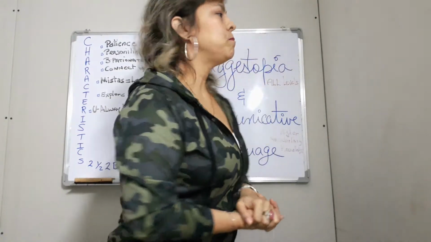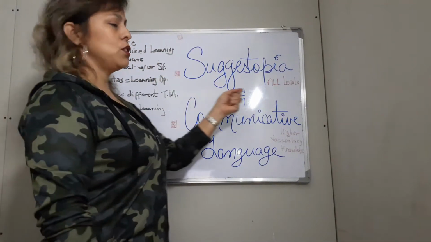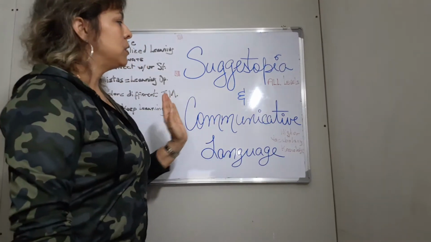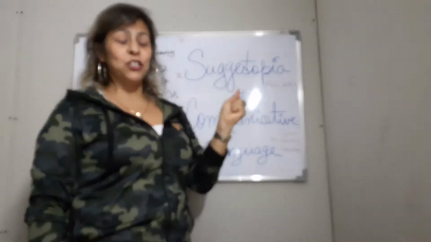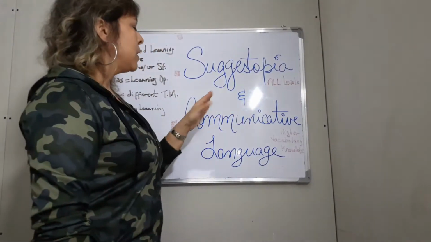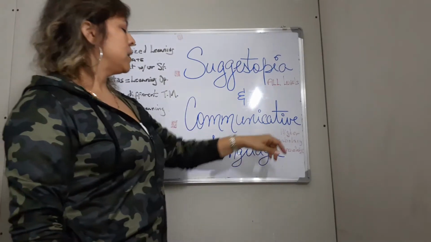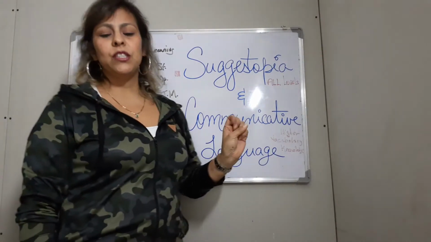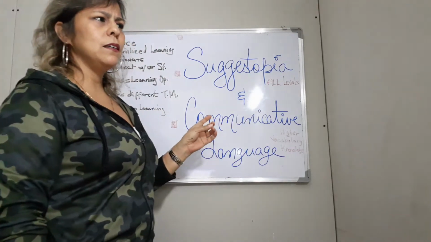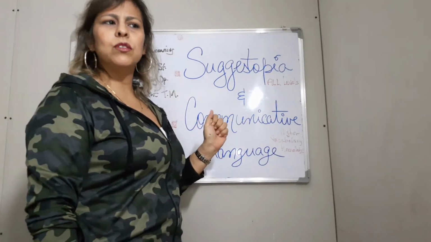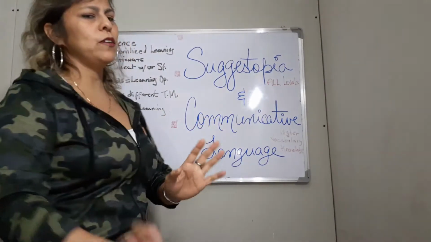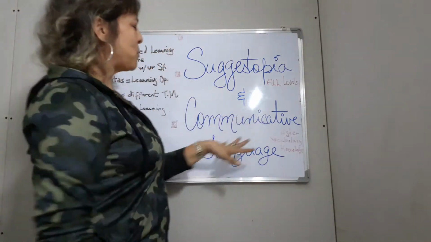The second one is the suggestopia, which Joshua Rangel spoke about. And the other one is communicative language, which Mixeli Rivella, I think, I'm sorry, Mixeli spoke about.